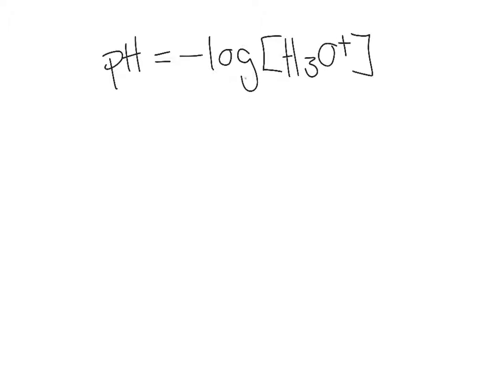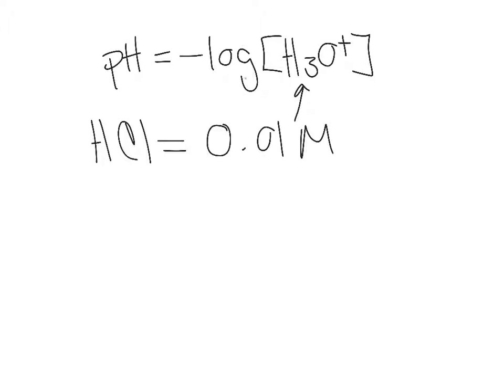Last class, we solved for pH using the negative log of hydronium. Yesterday we said the concentration of the acid is 0.01 molar, and we were able to plug that number right in. But that only works if the acid is monoprotic.